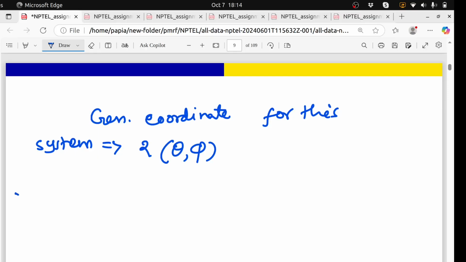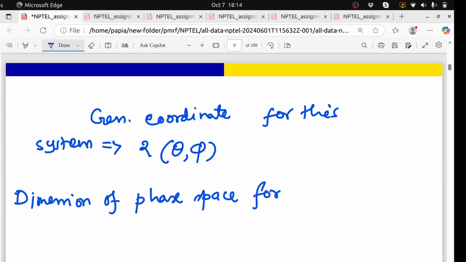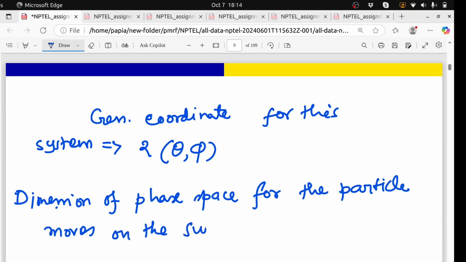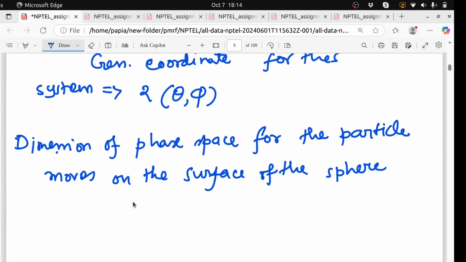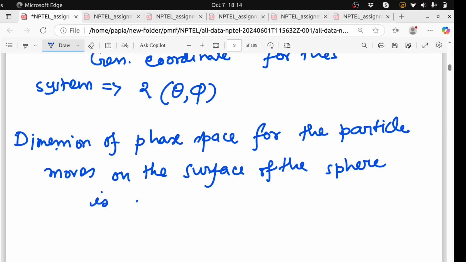the dimension of phase space for the particle that moves on the surface of the sphere is 2 into 2, which is 4, right?